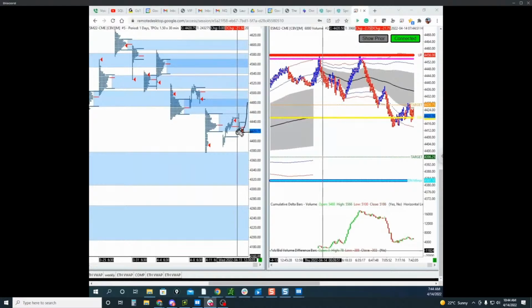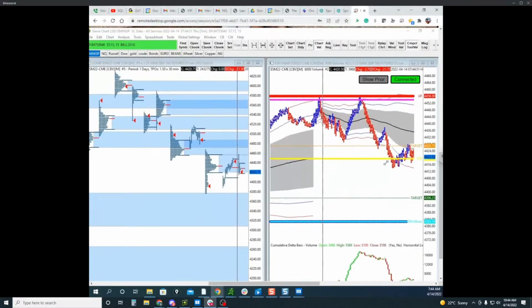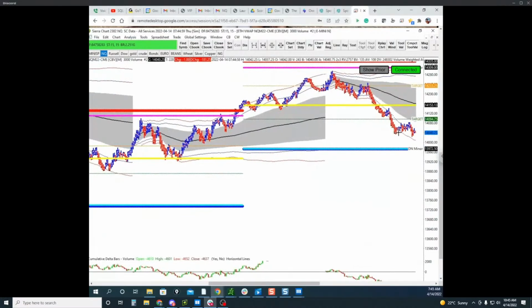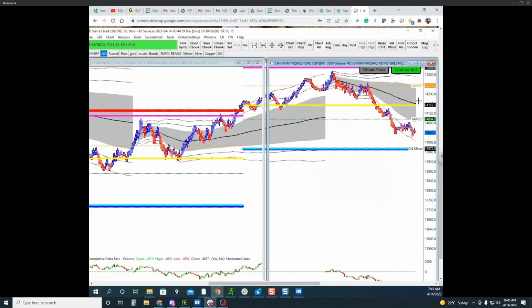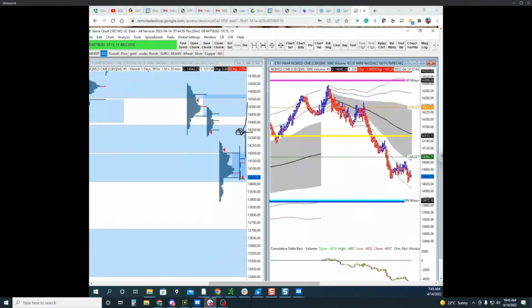You need big money to push this out of here. Same with NASDAQ. So if this volume continues to dissipate, then you're going to get a bounce back up, would be my guess. Right there. Both markets, very, very important areas.